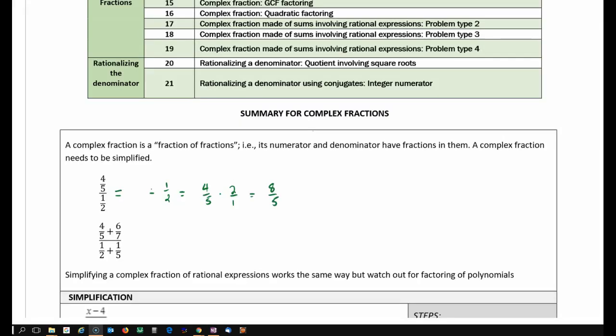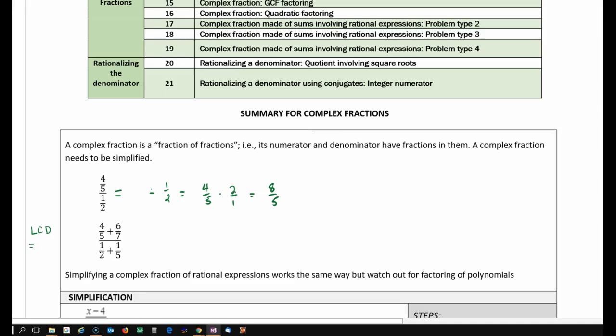Sometimes, when there are many fractions in the complex fraction, it is better to use the LCD technique. You get the LCD of all the fractions that appear in the complex fraction.